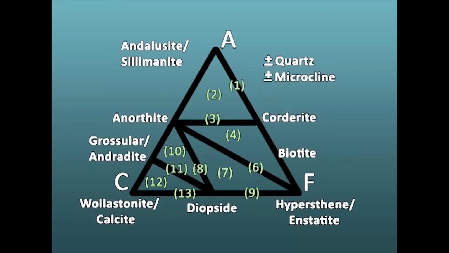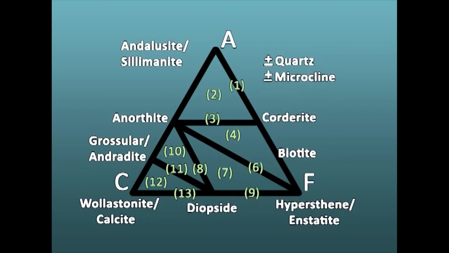ACF diagrams. Eskola in 1915 proposed the ACF diagram as a way to illustrate metamorphic mineral assemblages on a simplified 3-component triangular diagram. He concentrated only on the minerals that appear or disappear during metamorphism, which also give an idea about the grade of metamorphism.